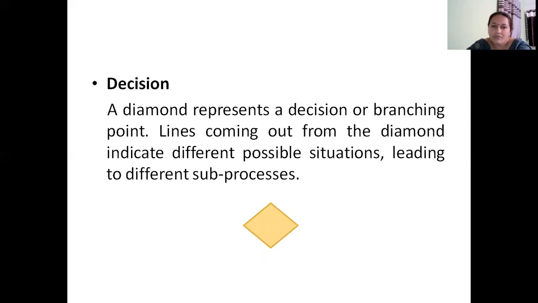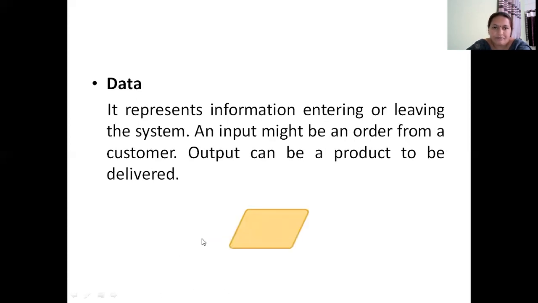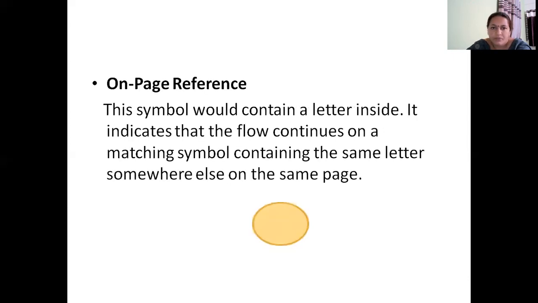Lines coming out of this diamond will indicate the possible flow or sub-process which we will take up depending on the outcome of the condition testing. Next, we have the parallelogram symbol, which indicates data. The input data or output data is written using this particular parallelogram symbol.